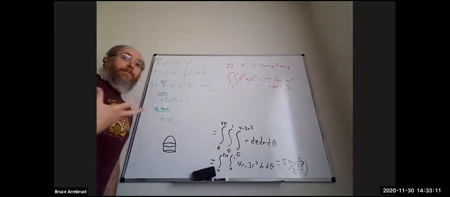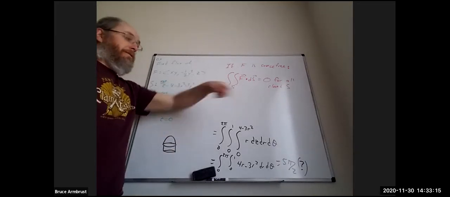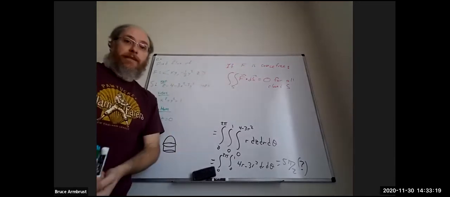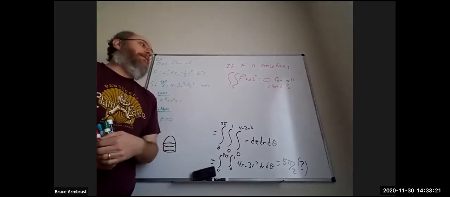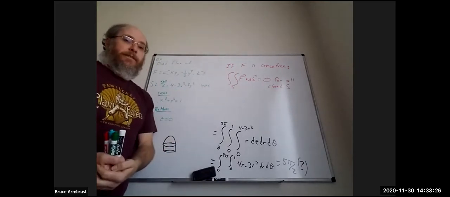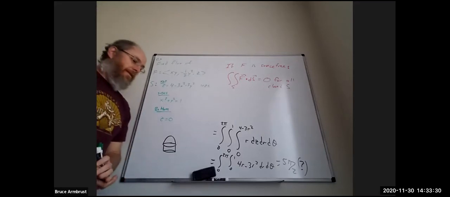Right? Because by the divergence theorem, we get that this is equal to the triple integral of the divergence of F. But by definition, source free means divergence of F is 0. And therefore, your double integral is equal to 0.